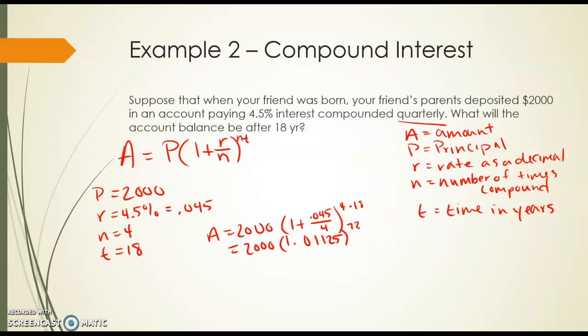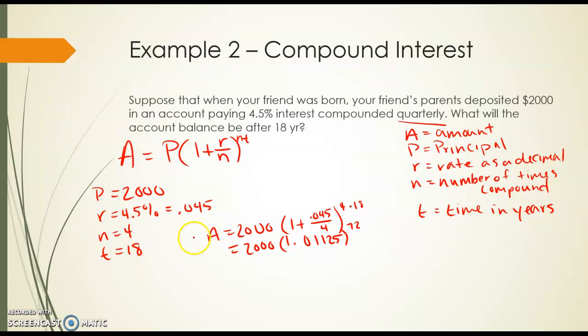So now I'm going to take that 1.01125 to the 72nd power. And then I am going to multiply that by 2,000.